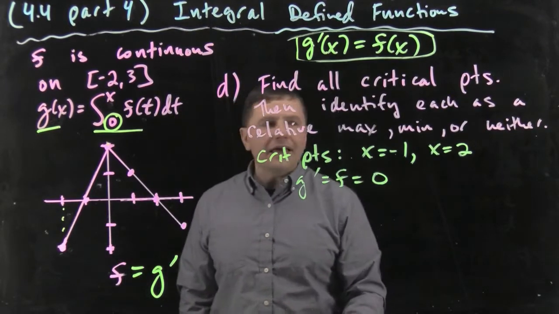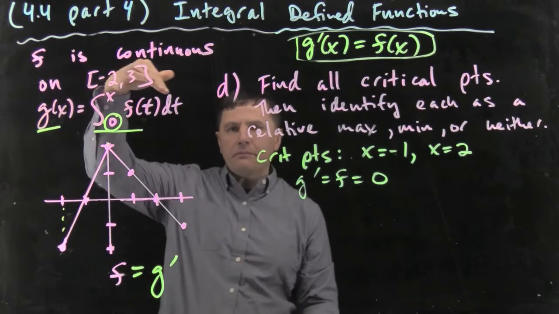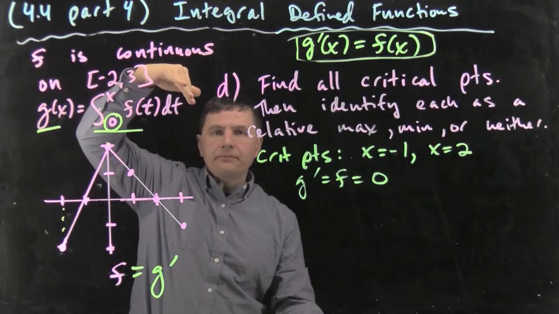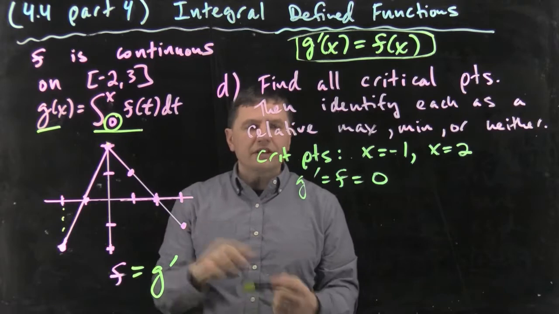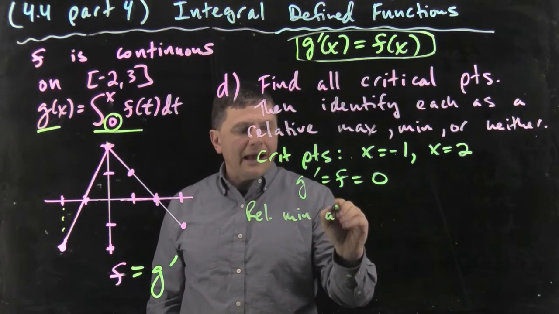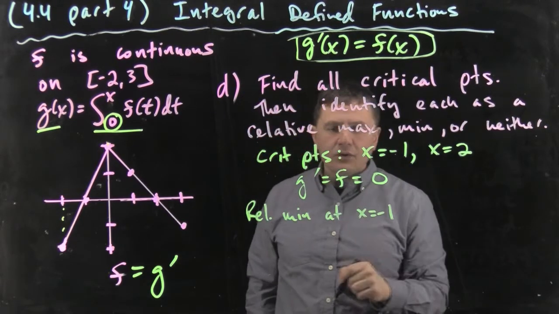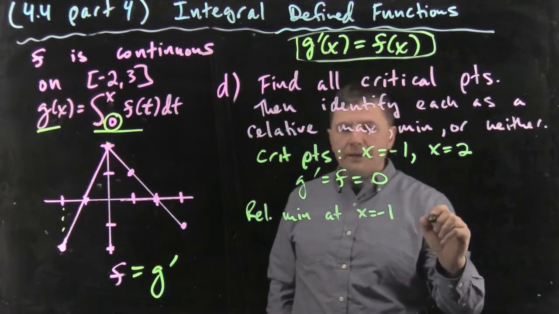Okay, so critical points. Now, we want to identify each. So keep in mind that if my derivative goes from negative to positive, that means that I'm going from decreasing to increasing. That's going to be a min. So I have a relative min at x equals -1. We've already said that it equals 0, so we don't have to say that again.